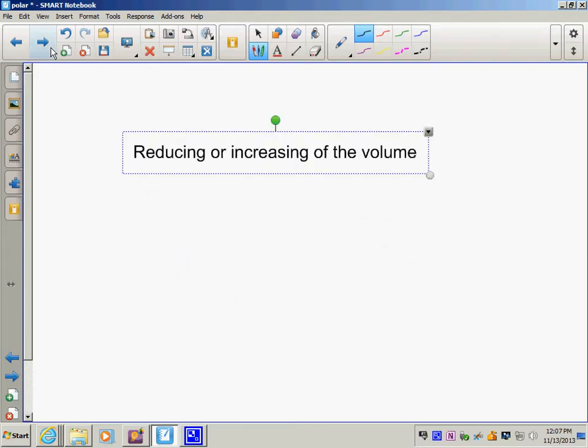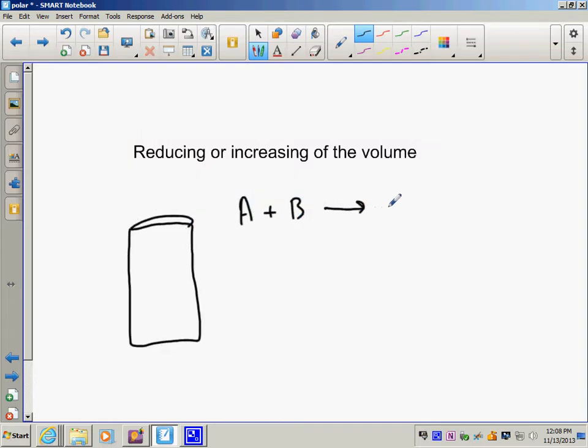All right, what if we reduce or increase the volume of a substance? Now, this is sometimes linked to pressure. So pressure and volume are sometimes linked. For example, if we're dealing with a rigid container, and I have a reaction A plus B yields C, where this is marked as a solid, this as an aqueous, and this as a gas.